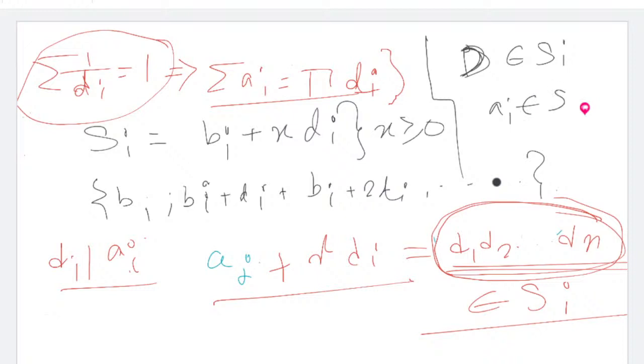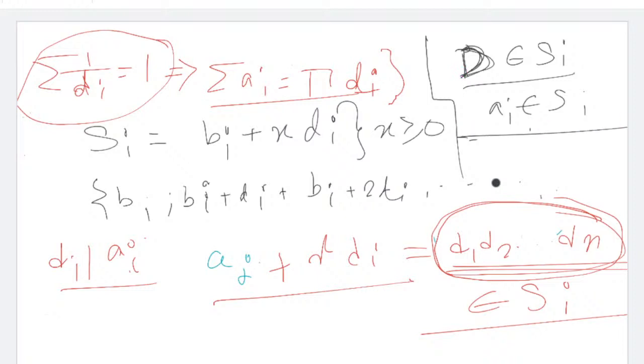So what is your argument here? Okay, move to page 3. Yeah, I'm on page 3. So what we are claiming is, if capital D belongs to Si, which it must for some i, then Ai must belong to Si, right?